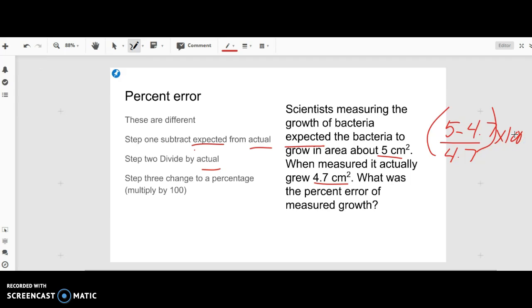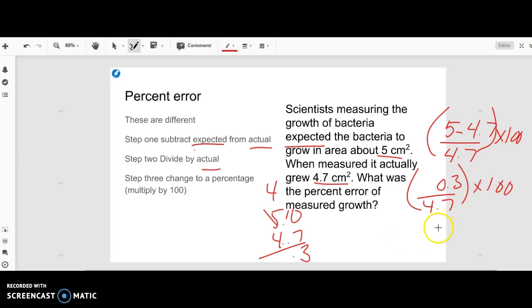So let me put that in my calculator 2 steps at a time. 5 minus 4.7, really don't need a calculator for that. 5 minus 4.7 is 5.0, so borrow 1 from here. 10 minus 7 is 3, decimal point there. 4 minus 4 is 0. So I have 0.3 divided by 4.7 times 100.